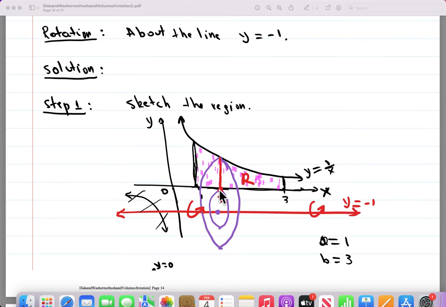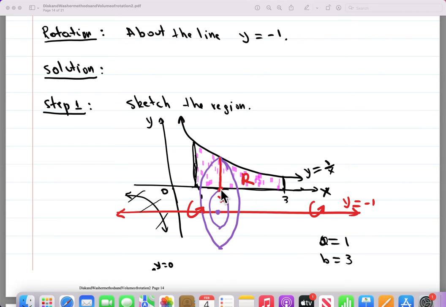Now, the bottom end of the cross-section line to the line of rotation will give us the inner radius, because this is the inner circle. So the inner radius is the distance between this point and that point.